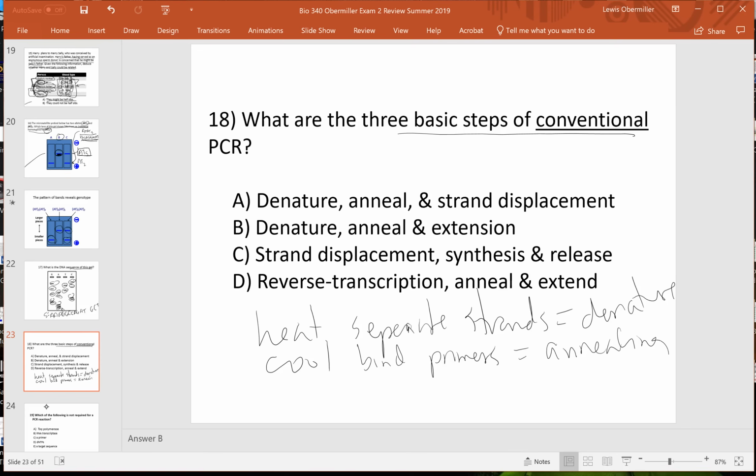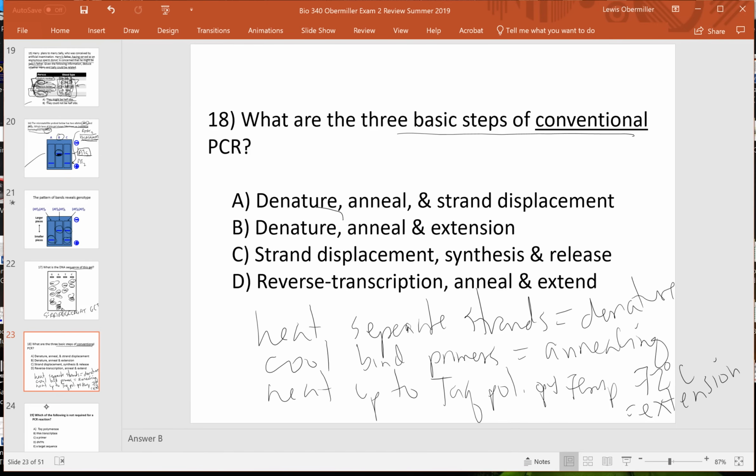And then the last one is we heat up to the Taq enzyme, the polymerase's optimal temperature, which is the temperature that it lived in those hot springs, which is 72, and we call that extension. So denature, the DNA comes apart; annealing, the primers bind; extension is that the polymerase makes copies of the DNA. So the answer is B.